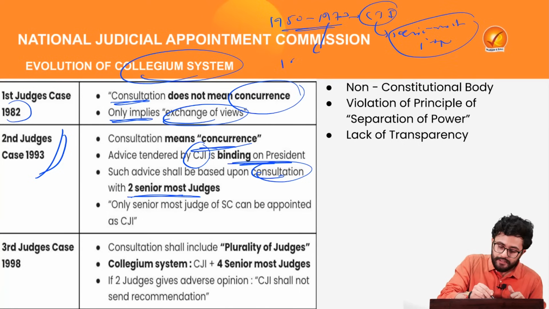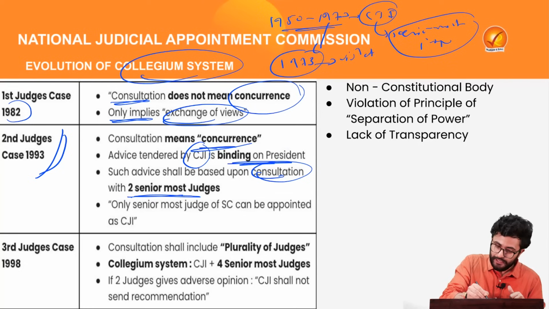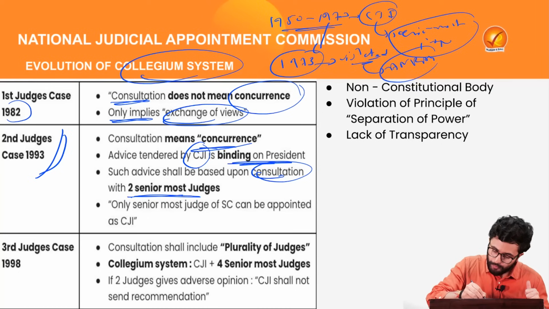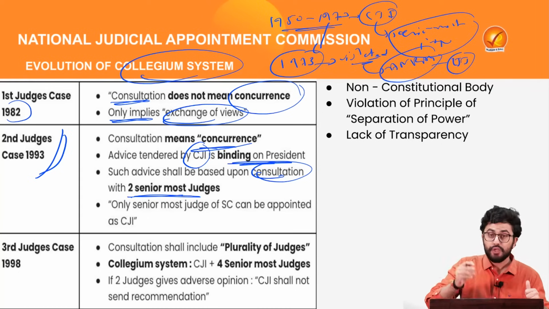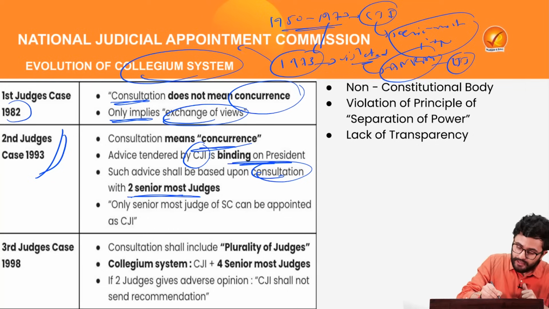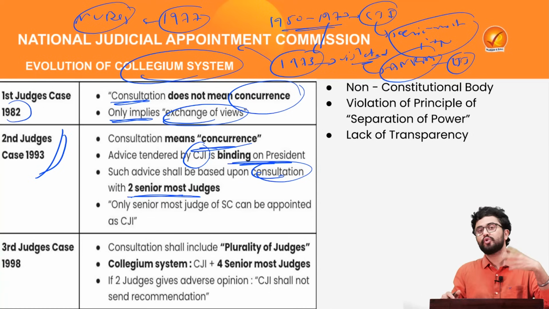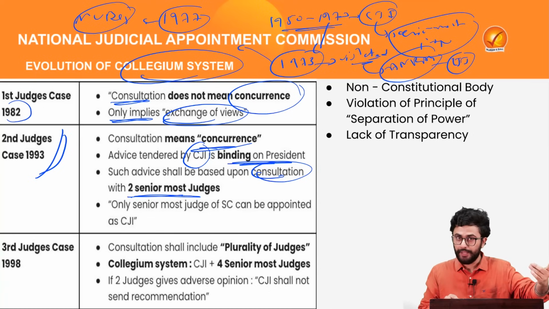But in 1973, for the first time, this precedent was violated when A.N. Ray was appointed as CJI, superseding the three senior most judges of that time, and then in 1977 M.U. Beg was made CJI, superseding the senior most judge of that time.